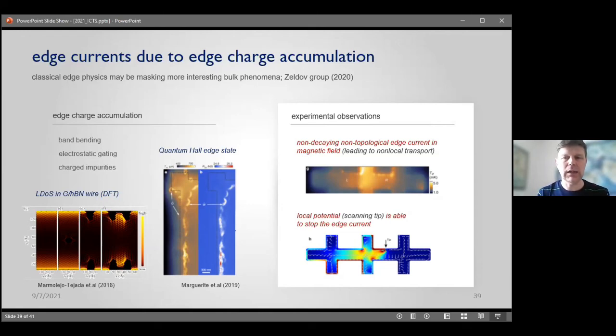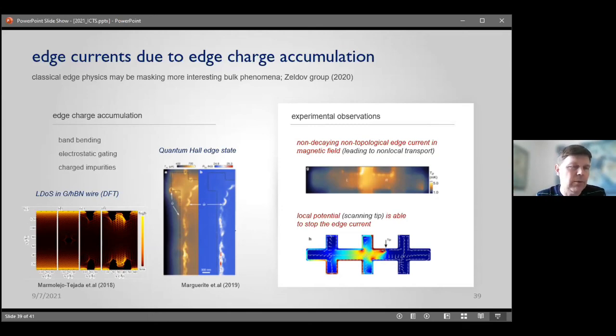So this experiment shows that at the edge of graphene, there exists some other edge state, some sort of a classical, non-topological current carrying state that is different from any kind of bulk hydrodynamic mechanism.